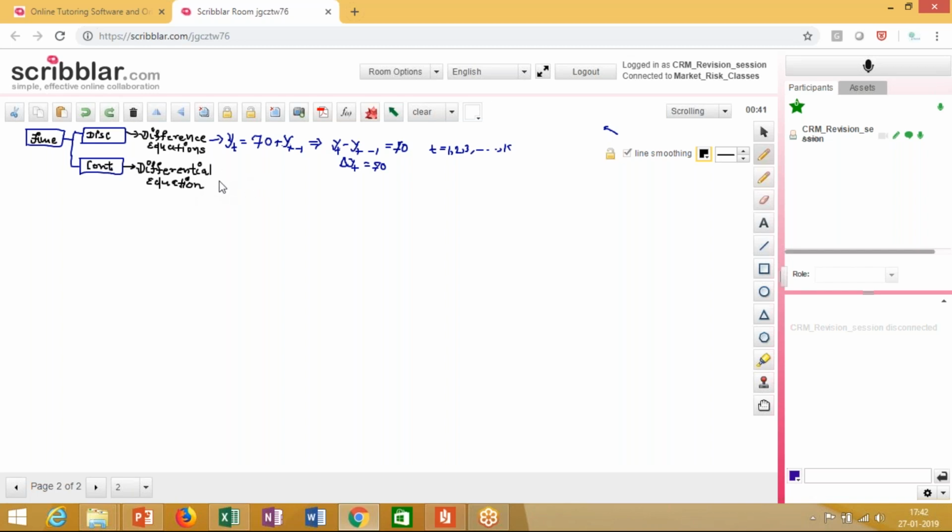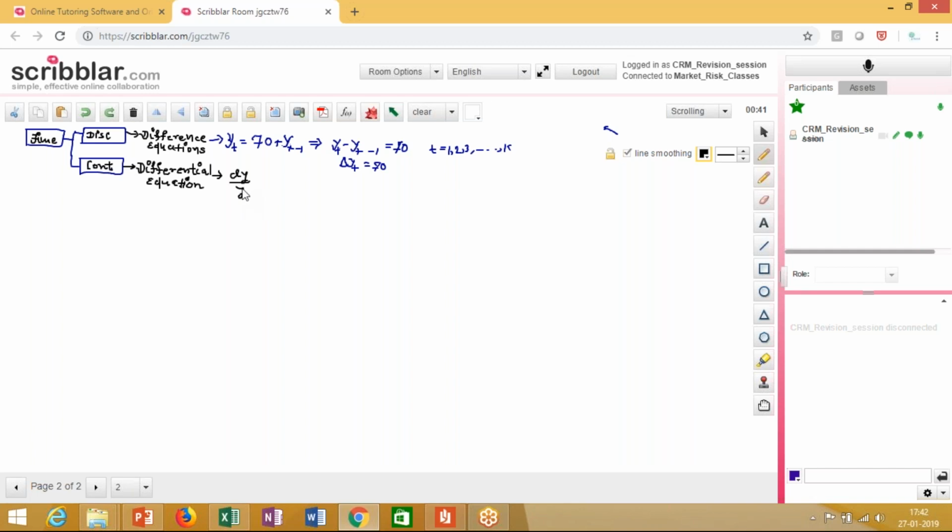Right, so differential equation. Now when I talk about a differential equation, how does it differ from this? Here y does not change in a discrete manner as it does there, right? So I say that my y changes continuously, and I try to figure out the change in my variable y by using the percentage change in y.